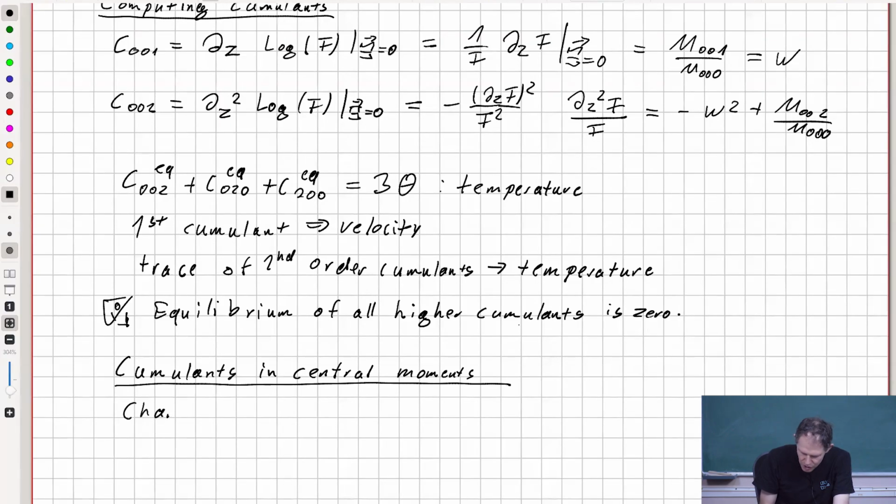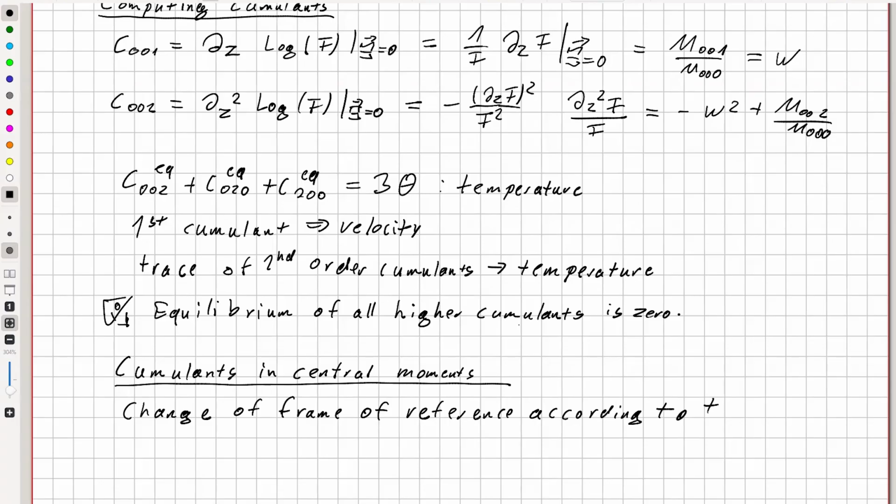So we do a change of frame of reference according to the translational rules of the Laplace transformation. The translational rule of the Laplace transformation is actually similar to what you have in the Fourier transformation.